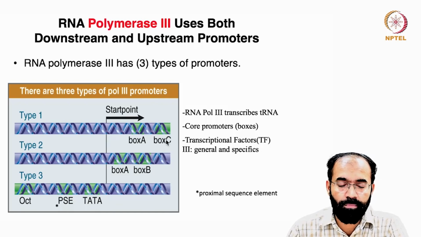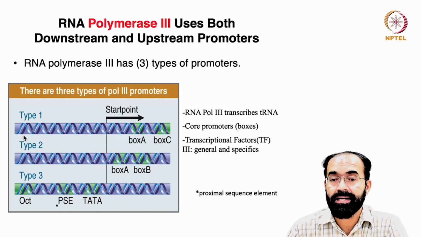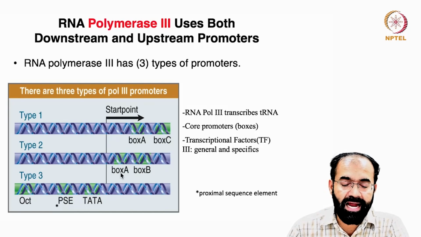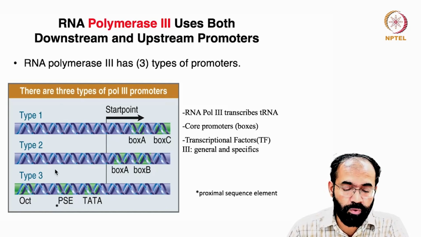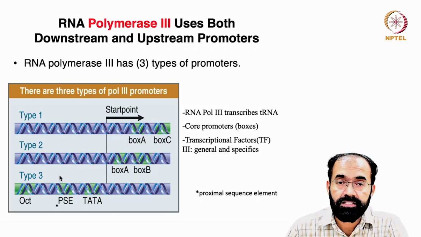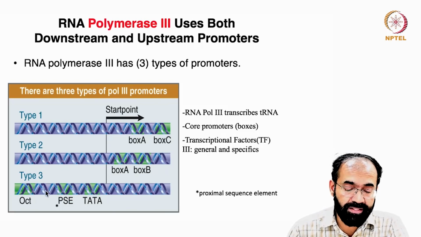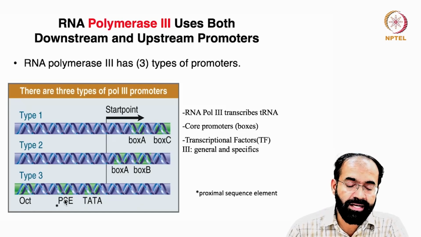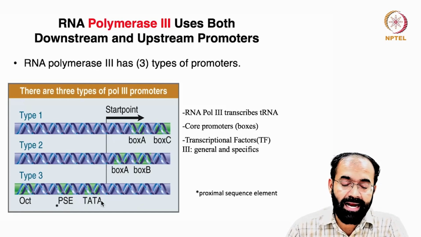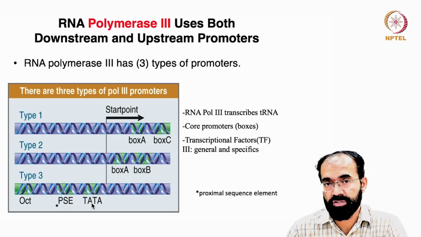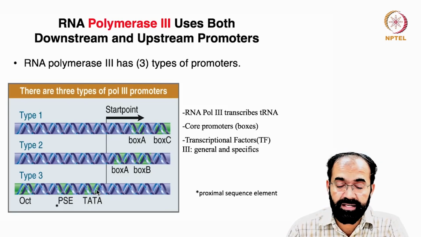Box A and box C are seen in type 1, box A and box B are seen in type 2, and there are specific domains seen in the case of type 3, that is an oct domain and a PSE domain and the typical TATA box. They are seen in type 3.